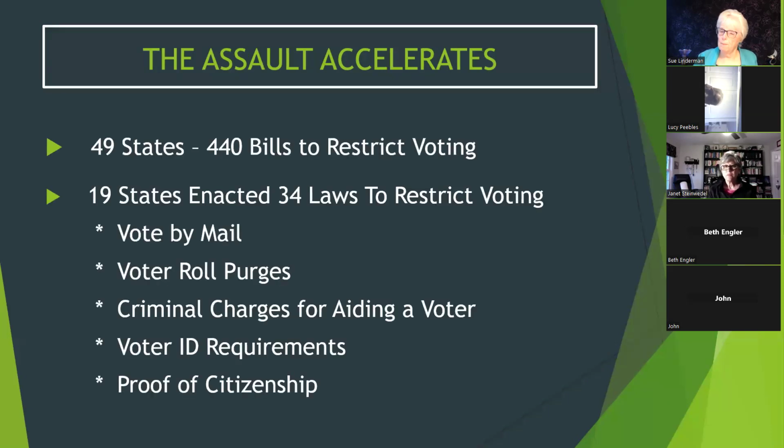And so immediately after the 2020 election, in 49 states, legislators introduced 440 bills that would restrict voting access. 19 states immediately enacted 34 laws that did that, focused on voting by mail, voter roll purges, enacting criminal charges for aiding a voter. I have a friend who lives in South Carolina.